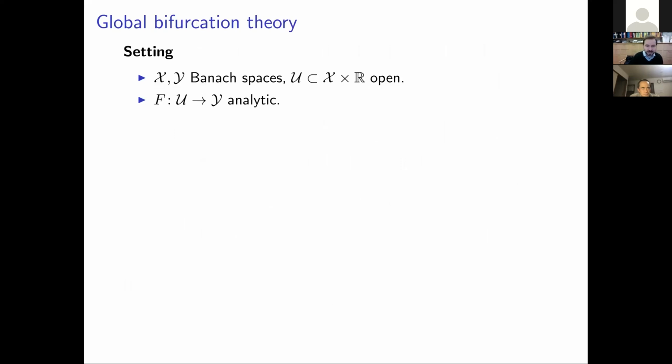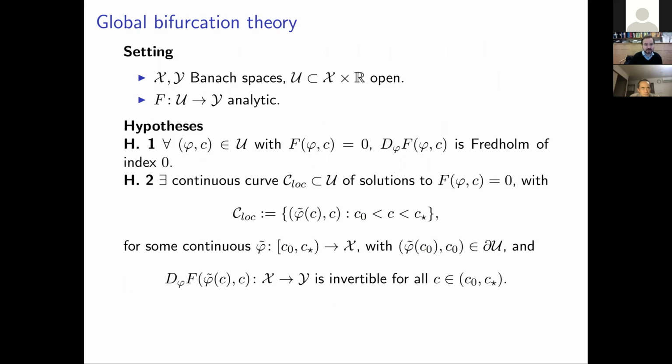So now, in the remaining minutes, I want to say something about global bifurcation. Here we rely on an abstract framework by Shen, Walsh, and Wheeler. The main problem with doing global bifurcation theory for solitary waves is that you have to deal with problems with compactness.